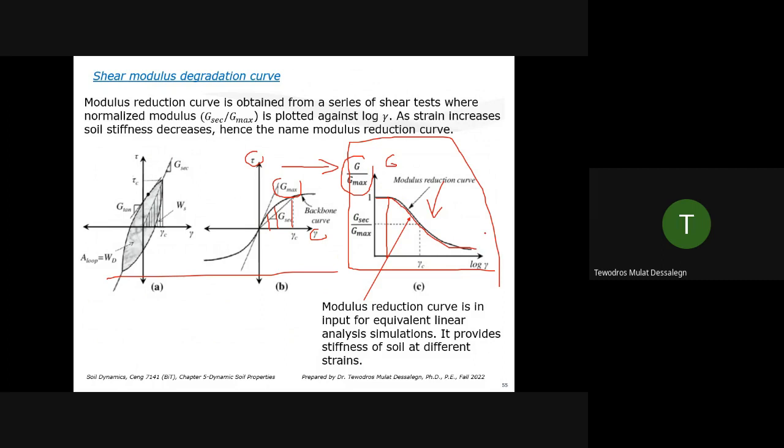So we're getting close to how you model soil for dynamic analysis. The modulus reduction curve, as the name implies, because it's reduced with the strain, is an input for equivalent linear simulation. It provides the stiffness of soil at different strains.